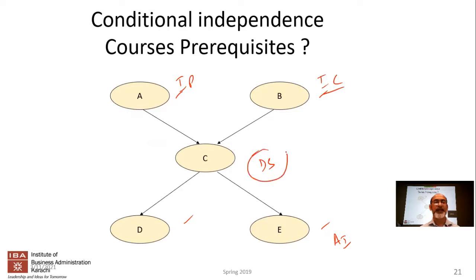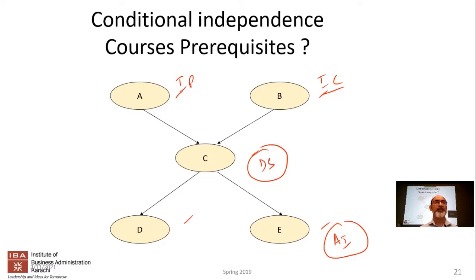Given that you've passed the data structures course, what I'm claiming is that this prerequisite is sufficient, independent of the earlier prerequisites, because the only prerequisite for AI is data structures. So given that you've passed data structures, whether you've passed the previous ones or not, hopefully you've passed them.